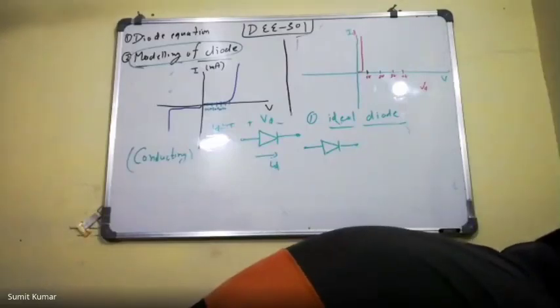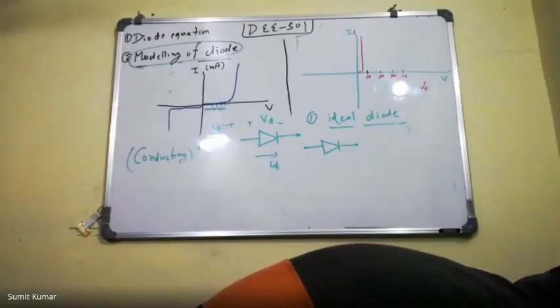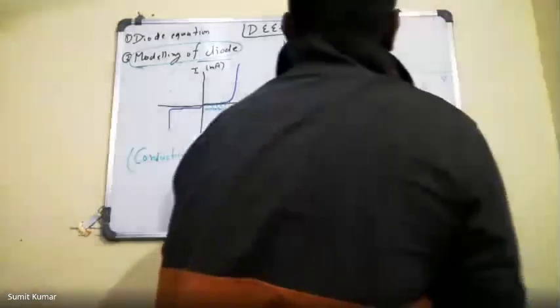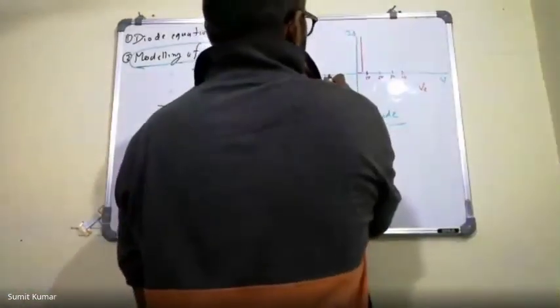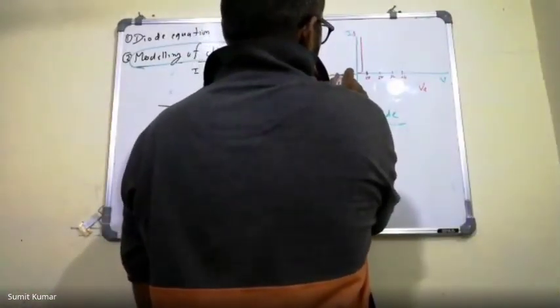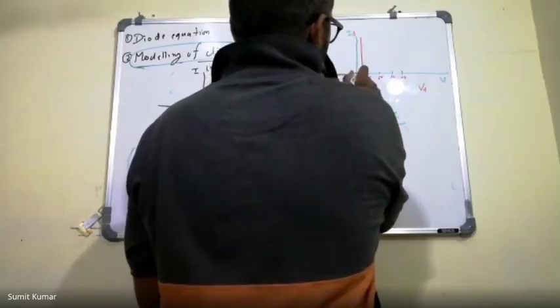If I neglect this 0.7 volt, then the characteristics will be like this. Here you can see the current is 0.